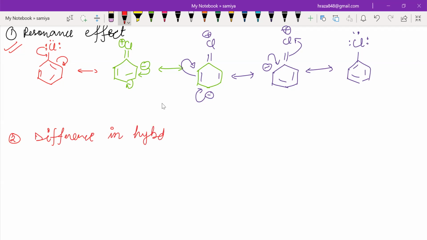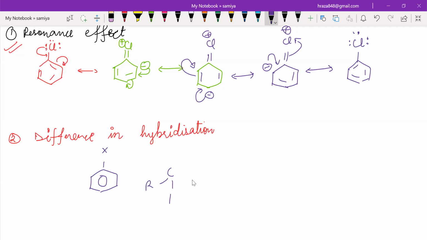So you can see, if you have an aryl halide like this, and if you have an alkyl halide like this, can you tell me the hybridization of this carbon and this carbon? Can you tell me?